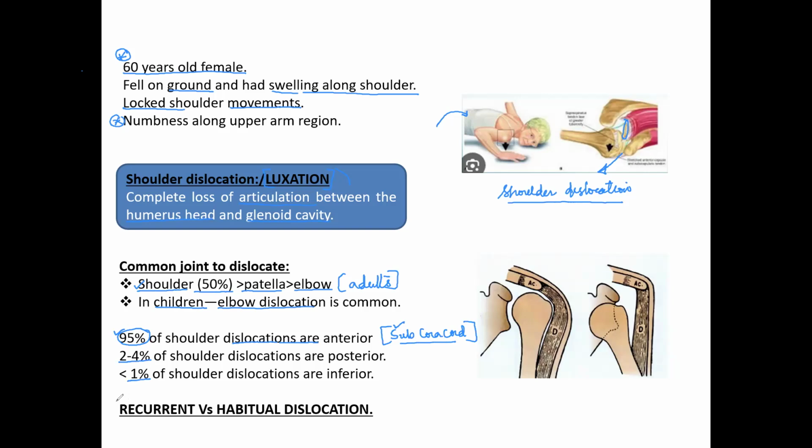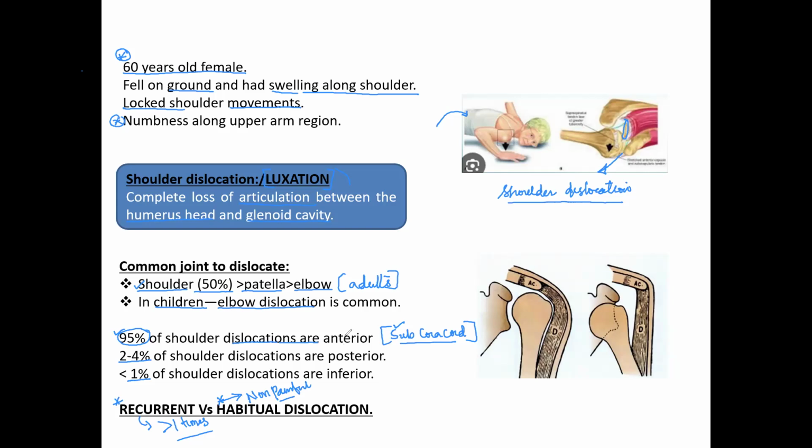We need to know the terminology: what is recurrent shoulder dislocation and what is habitual shoulder dislocation. Recurrent shoulder dislocation is when the shoulder dislocates more than one time. It's a painful condition, whereas habitual dislocation is due to inbuilt laxity of the ligaments, where the patient himself can dislocate and relocate the shoulder, so it's non-painful.